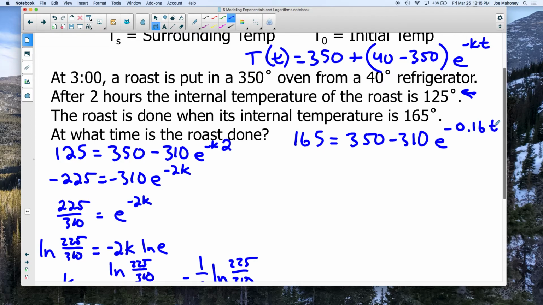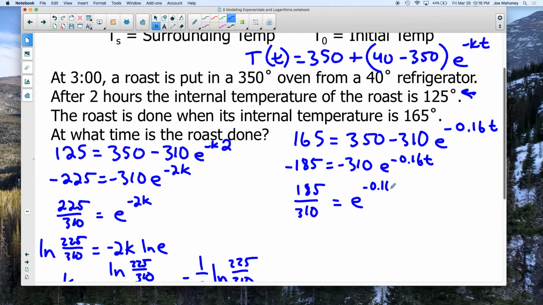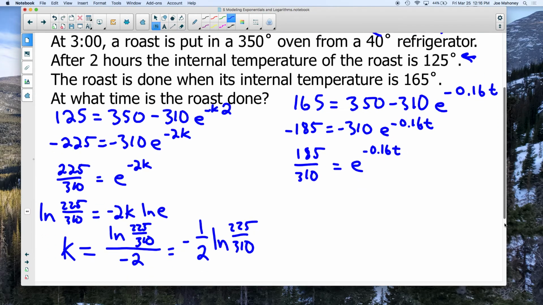So we go the same way. If we subtract our 350, I think we get negative 185. We divide by 310. We're going to take natural logs. You guys got the hang of that right now. So I get 185 over 310, which is equal to e to the negative 0.16t. We go natural logging.